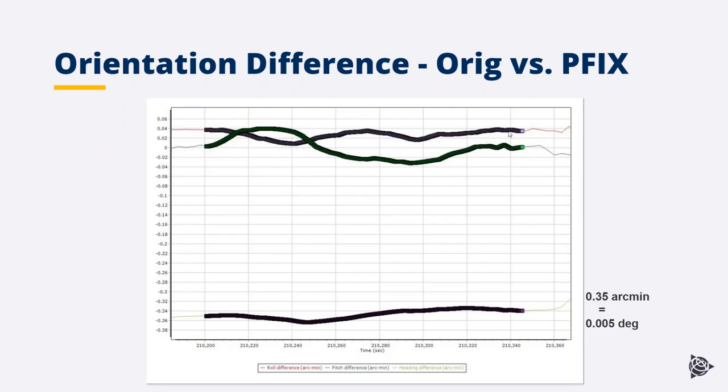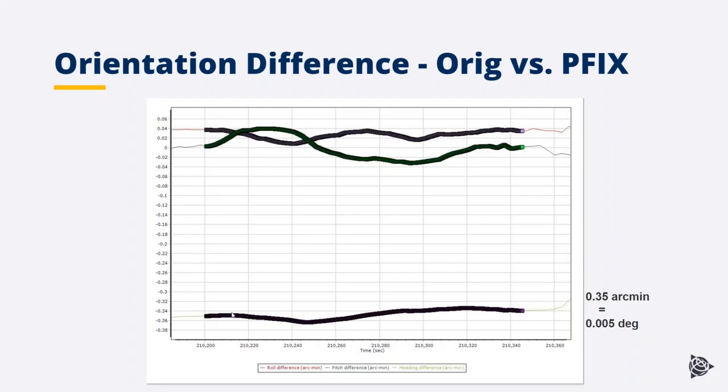Red line here is roll orientation. Gray line here is pitch difference, and the green line here is heading difference. From this, we see that actually the orientation is also changed by the pfix process.